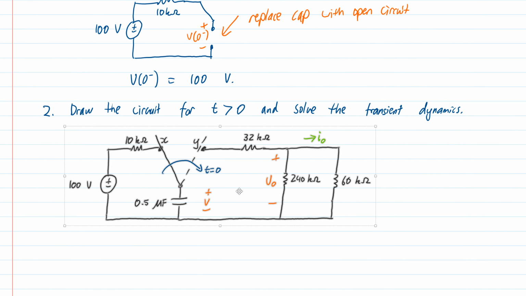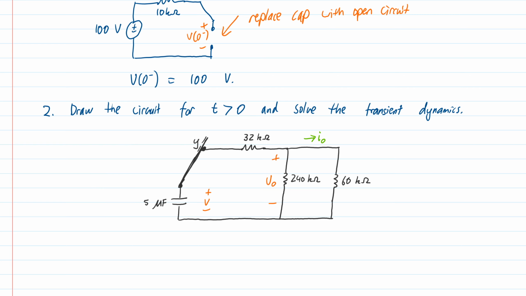We're going to look at the case of t greater than 0, so the switch has moved across into this position. We can ignore the voltage source because that's now disconnected from the circuit, so all of this part is not relevant.